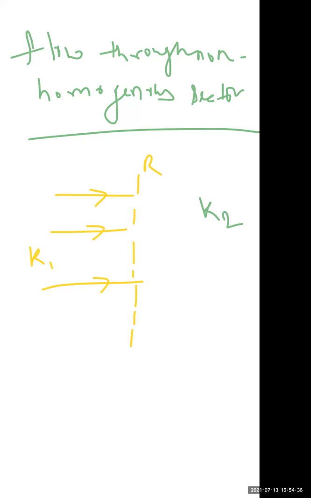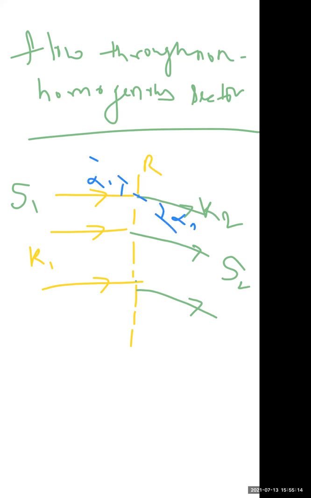So if this flow line flows through soil 1, it passes through soil 2, that is the interface at R, and then the flow passes through soil 2. Here S1, here S2. Permeability has K1 and K2. Angle made here with vertical is alpha 1 and alpha 2.